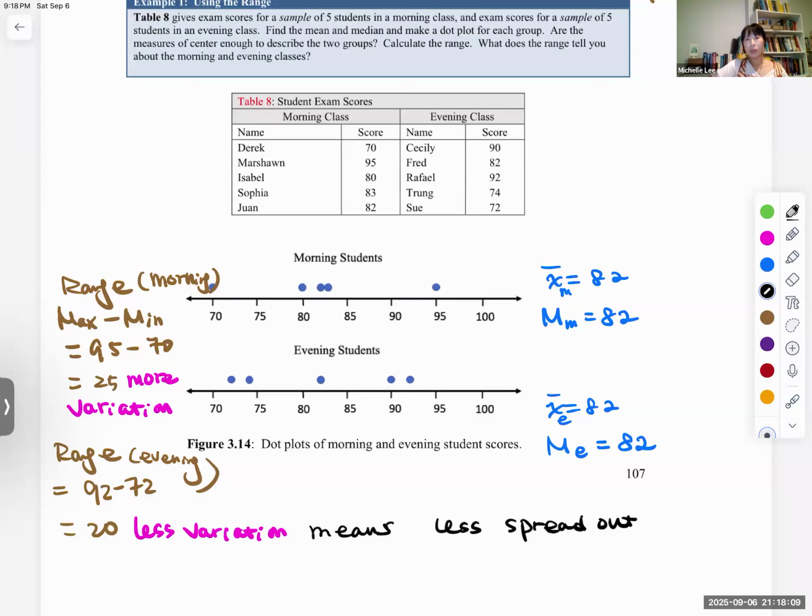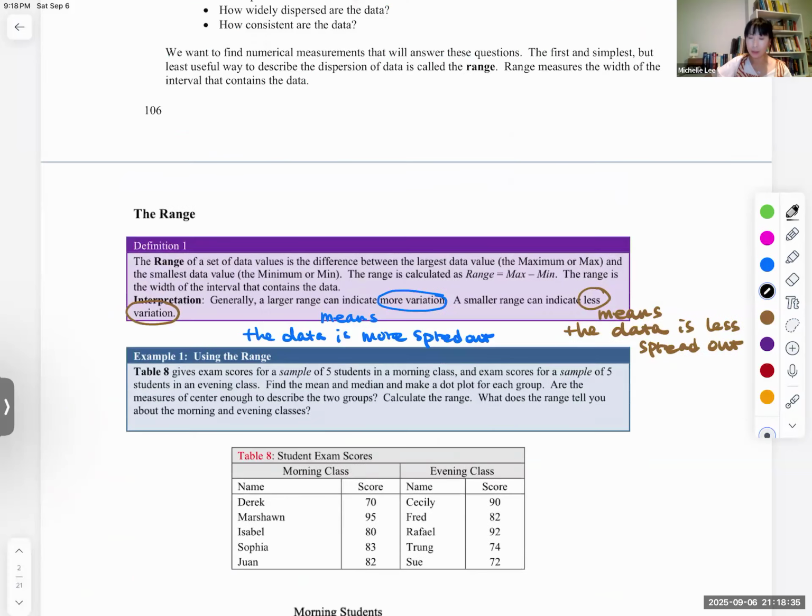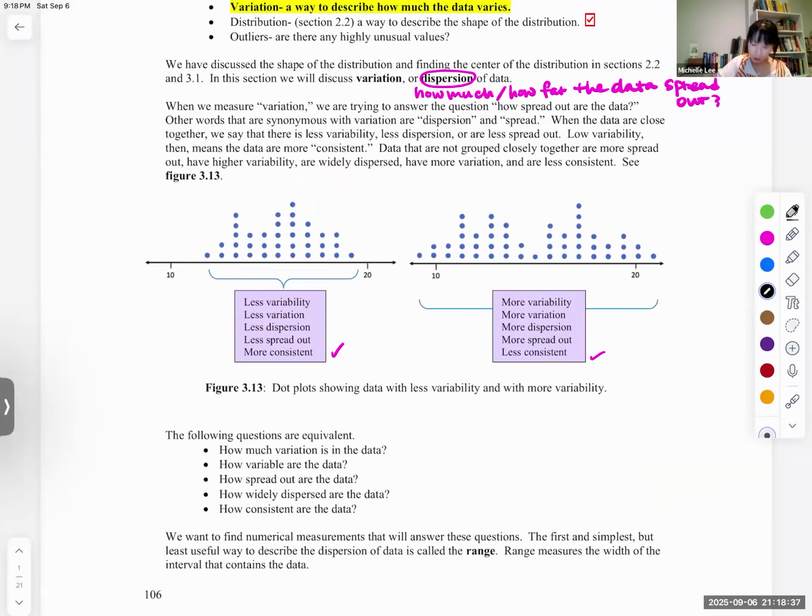Okay, so less spread out means we can say the data set is more consistent. The scores are more consistent, right? In the beginning, I said let's talk about this later.